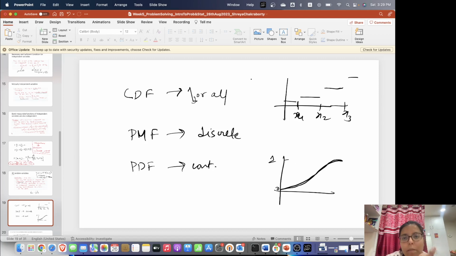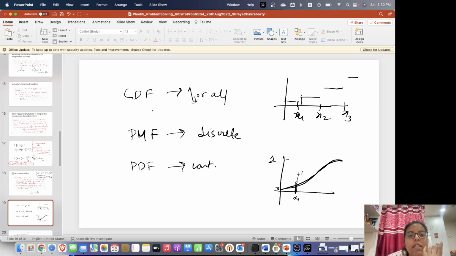So for the PMF, wherever the points of discontinuity are, the probabilities are concentrated there. You cannot take a derivative over these discontinuous regions. But if I have to consider a PDF at, let's say, x1, we take a very small range along x1 and find out the probability density there.